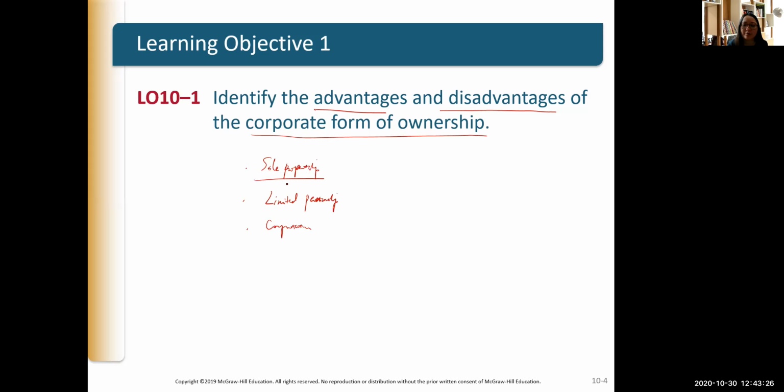For example, in a sole proprietorship, the company and the personal income of the owner are not separable. A limited partnership taxes the partners on the earnings through their own personal income taxes. The corporation is the most interesting form because it is double taxed.